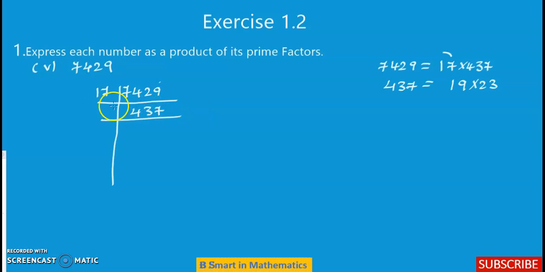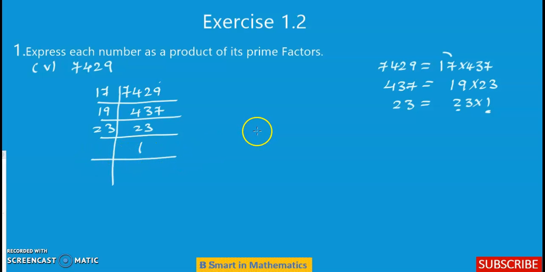That's all, no other possibilities. So 19 into 23. Yes, you are right. 23 is a prime number. 23 can be written as 23 into 1. So write this 23 here. Write this 1 here. Yes, procedure is completed.